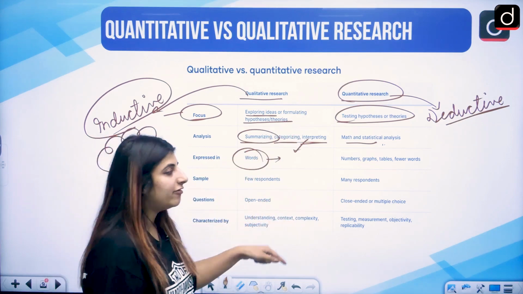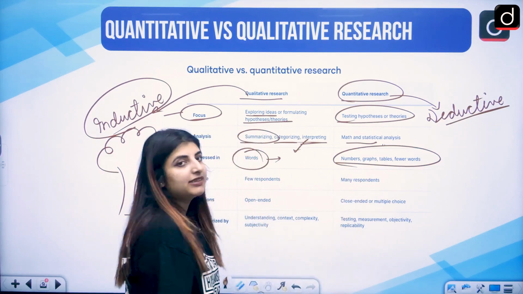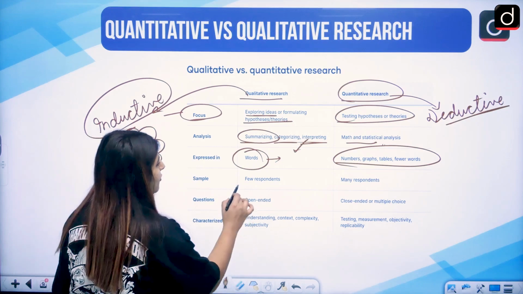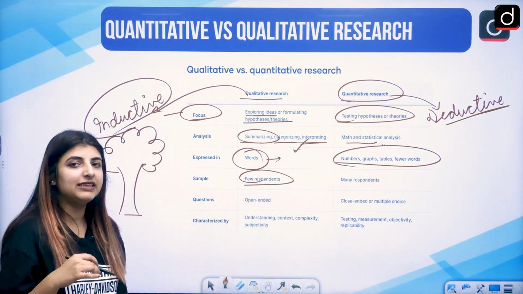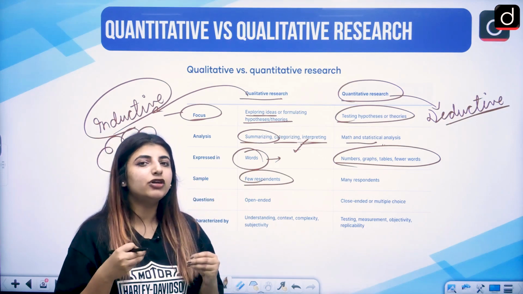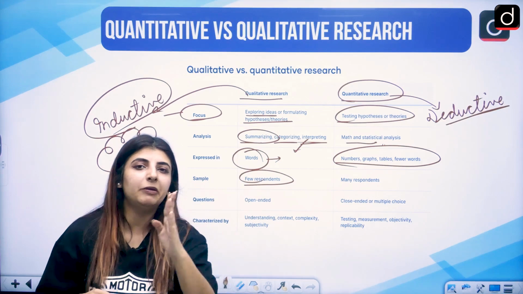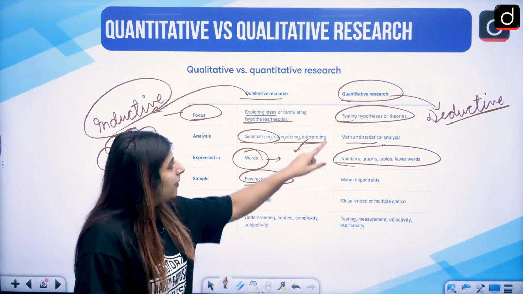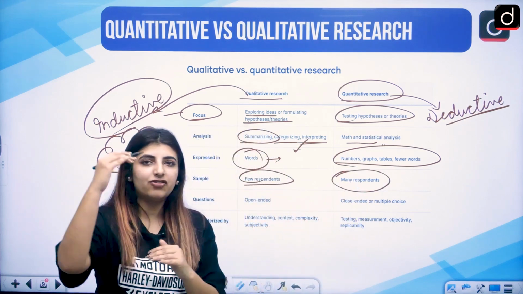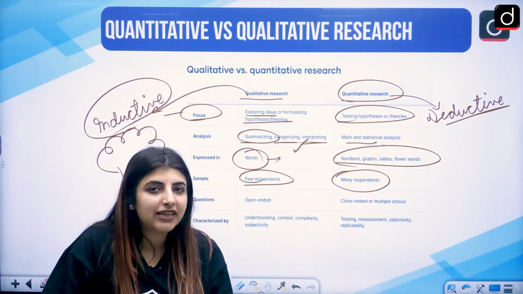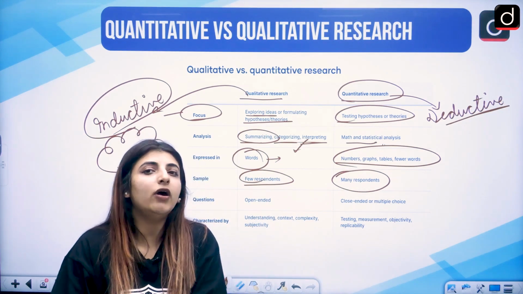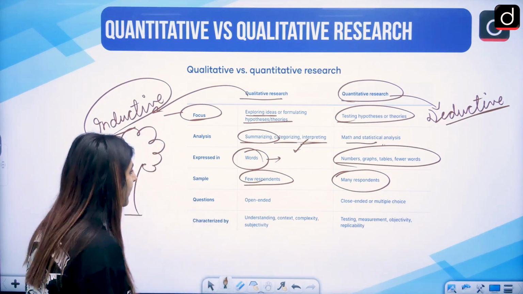But in the quantitative part, numbers, graphs, tables, anything related to stats which is measurable, that is used. Few respondents are there because qualitative research is supposed to be so rigorous, because you are delving deep into knowing people's opinions on subjective matters. But in quantitative research, you can choose respondents in a larger number because you might have stats, you might have certain tools which can help you in your research.